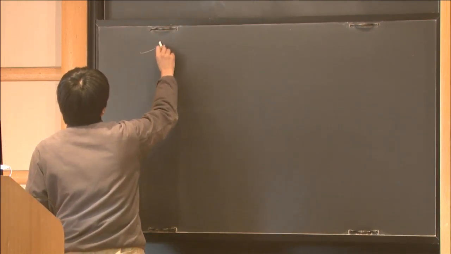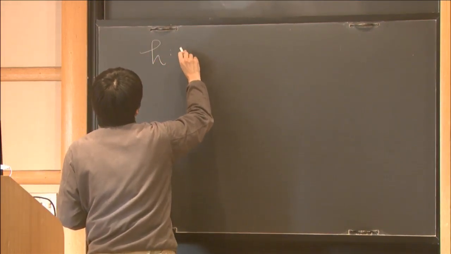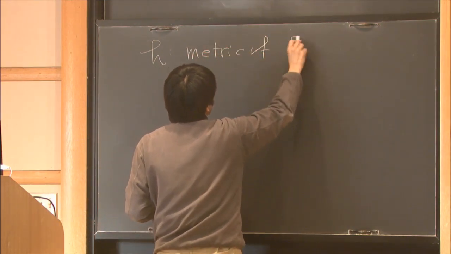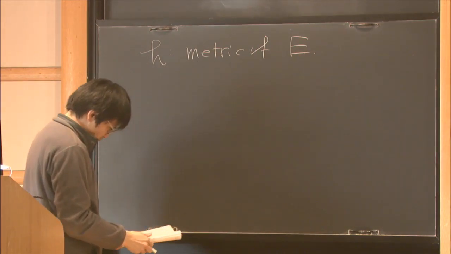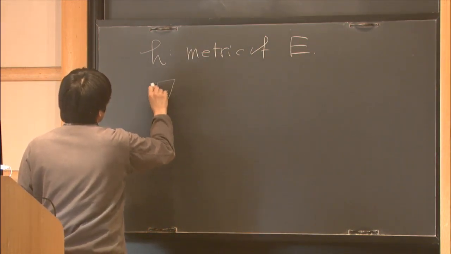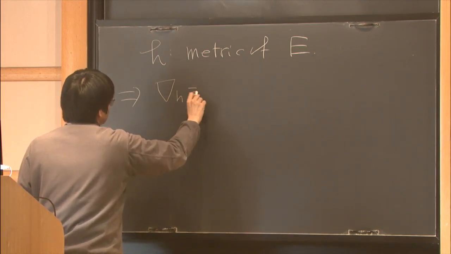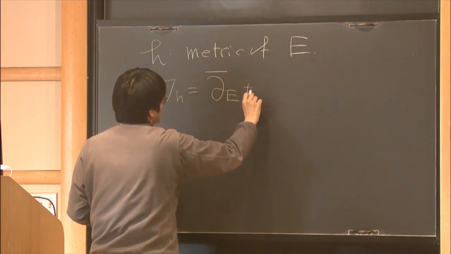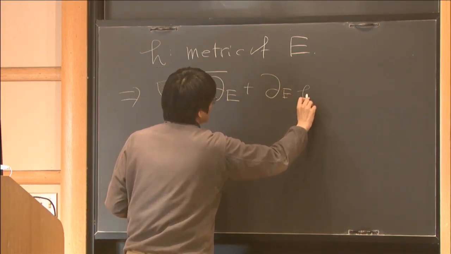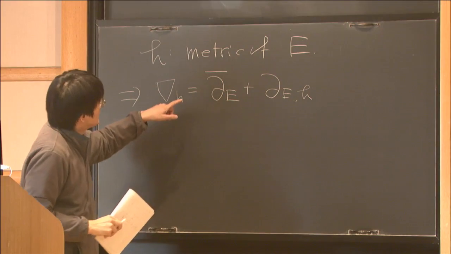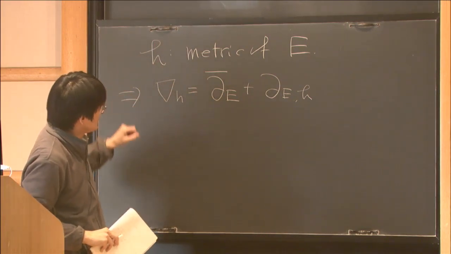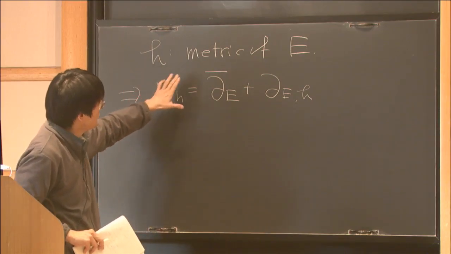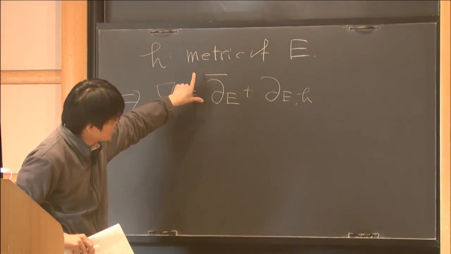If we are given a Hermitian metric h of the bundle, we have the Chern connection, which is a unitary connection determined by the holomorphic structure and the metric h. That is the unique unitary connection whose (0,1) part is equal to the given holomorphic structure.